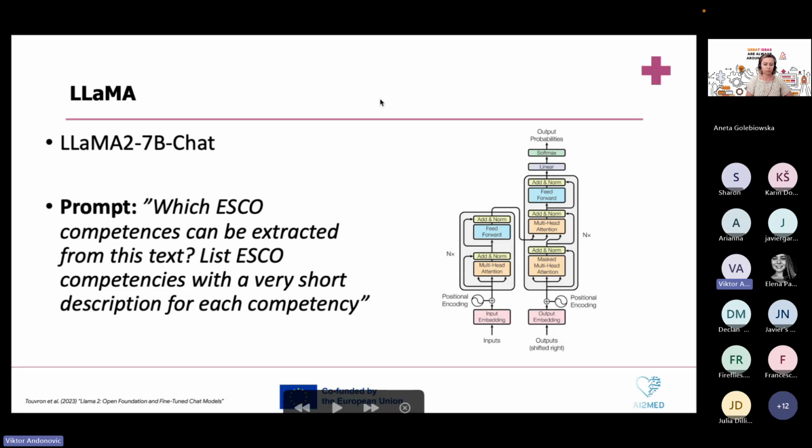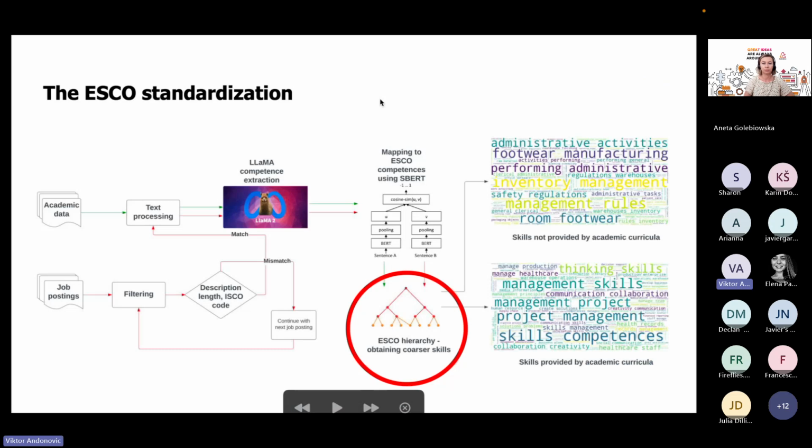We said, which ESCO competences can be extracted from this text? List the ESCO competence with a very short description for each competence. And in this way, the Llama model was able to provide us which competences are present in the text, either in the academic curricula or in the job posting. So that was the Llama model for extracting competences.